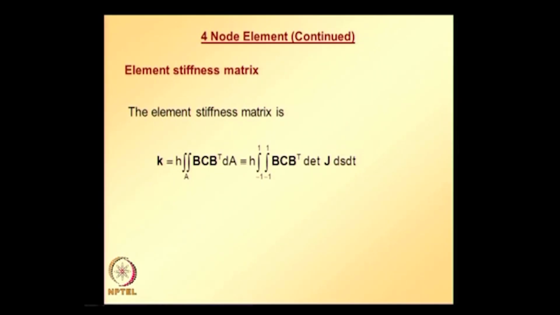Please note here, for a 3 node linear triangular element, the B matrix is a constant, whereas for a 4 node quadrilateral element, the B matrix is not a constant. So, we need to perform numerical integration. For that purpose we need to change the limits of integration to -1 to 1, and the details of how we do that we already discussed several times in the earlier lectures.